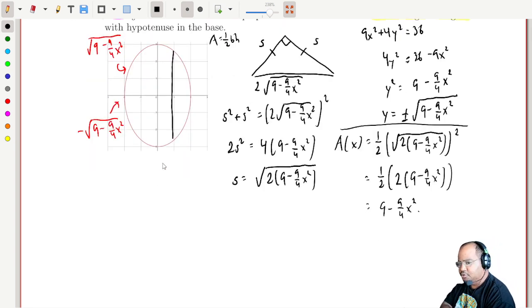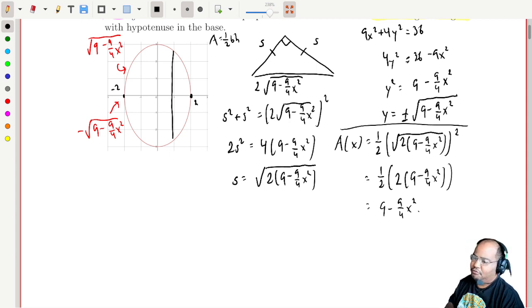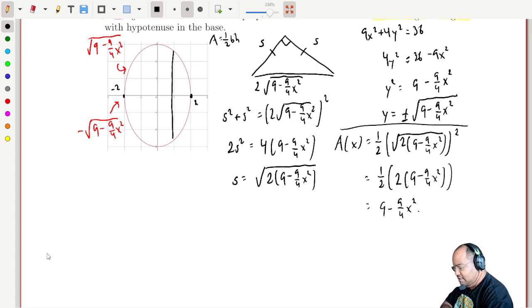Okay, we can see in our picture here that the highest x value is 2 and the lowest x value is -2. You can also get that by finding the zeros of that square root function that we derived earlier. But with that done, we can now say that the volume of this thing is the integral from -2 to 2 of our area function right here.